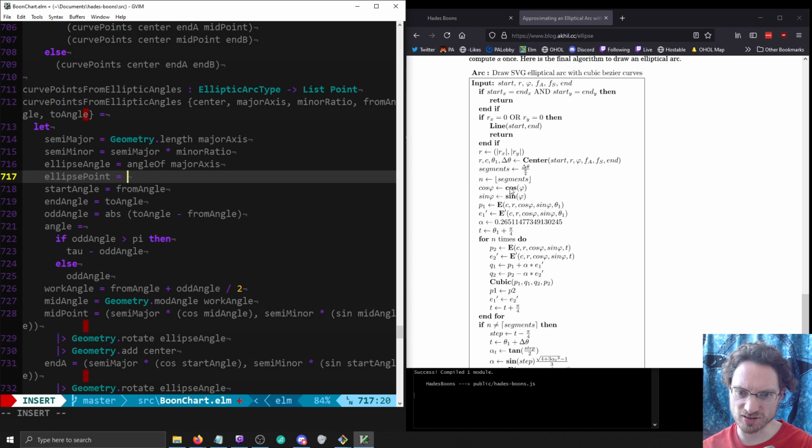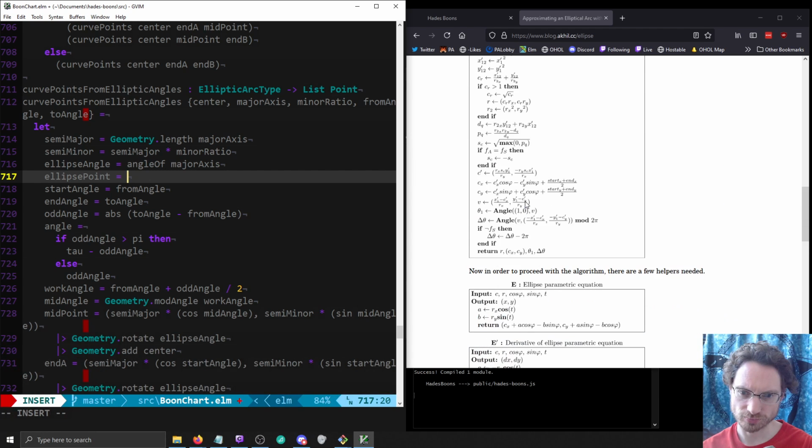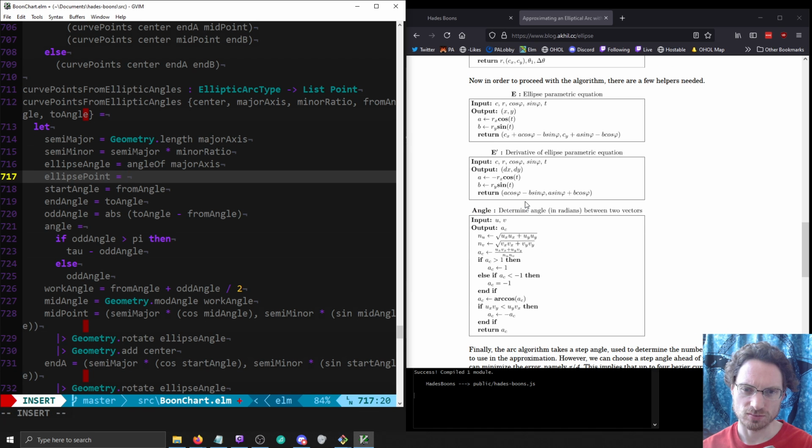For n times. Okay, this is the angle of the ellipse. Wait. No, does that just turn back into my major axis?